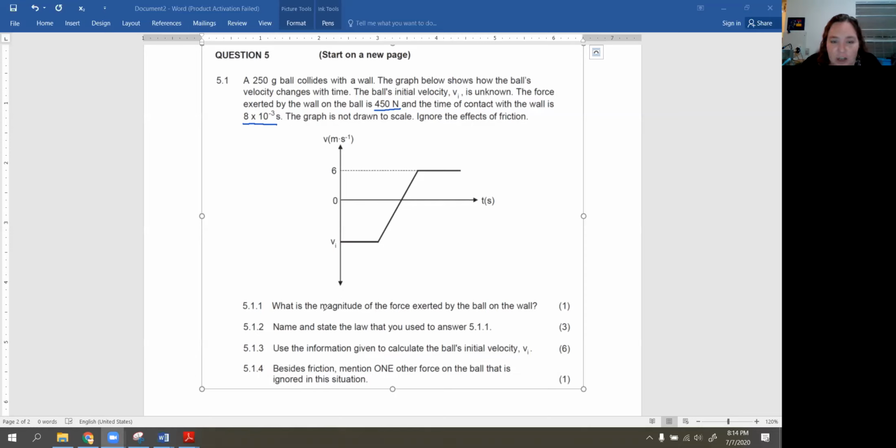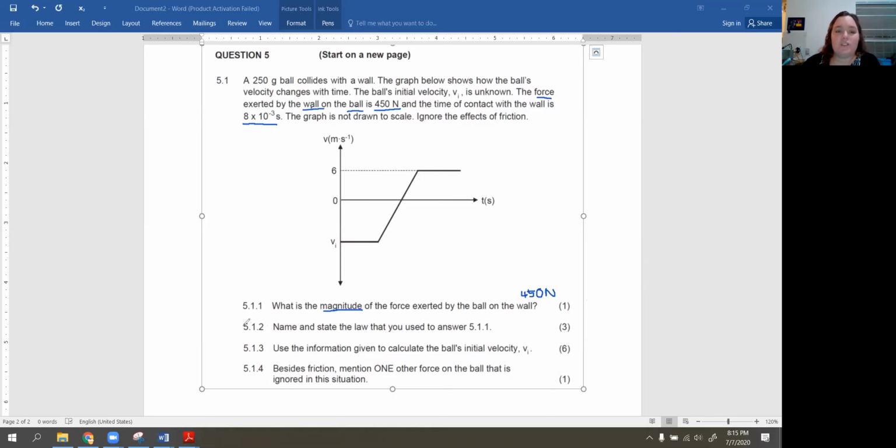Because the question asked for magnitude, you didn't have to put in a direction, but if the force of the wall on the ball is 450, the ball on the wall will be the same. I'm not going to finish my sentence because I was about to give away the answer to the next part of the question. Magnitude means that we didn't have to say that the ball on the wall was towards the wall. We can get away without a direction.